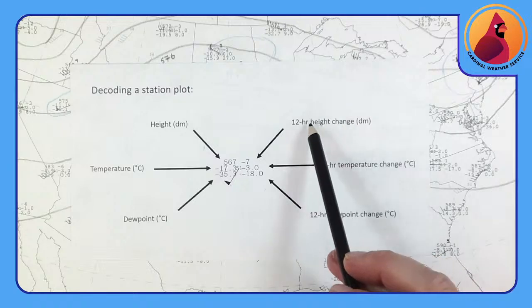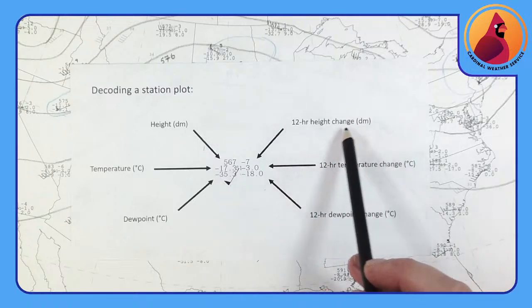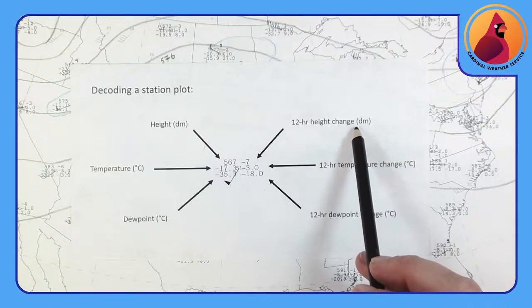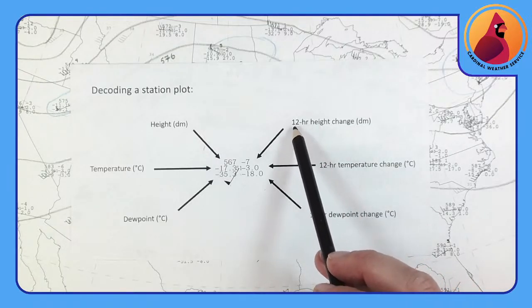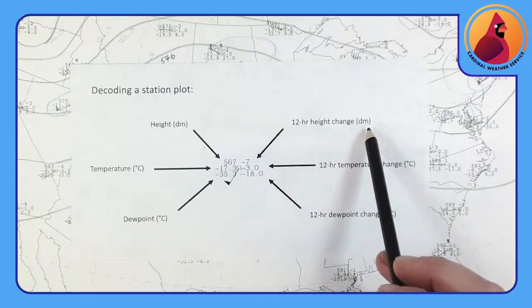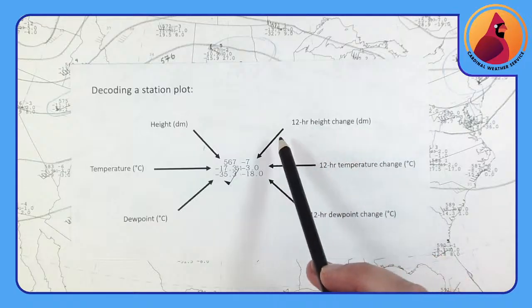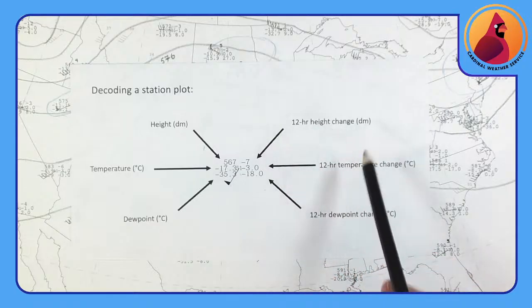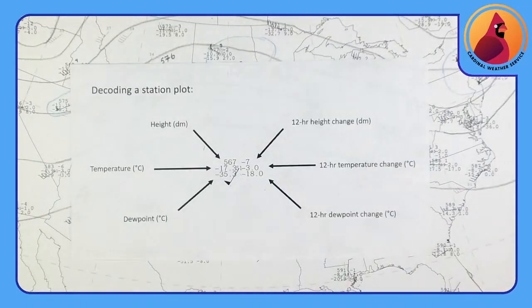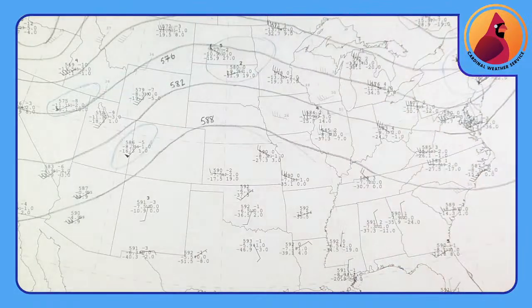So we're focusing just on the upper right. So our 12-hour height change, we're interested in either values of +3 or higher, or -3 or lower. And then we'll look in intervals of 3. So our positive we'll look for first. Those we will use orange.